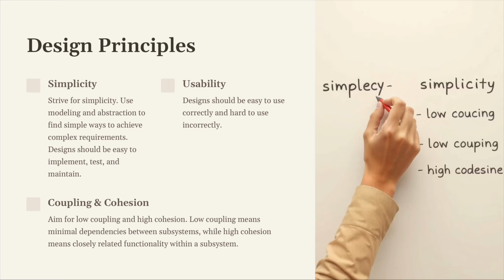Aim for low coupling and high cohesion. Low coupling means subsystems depend on each other as little as possible. High cohesion means the parts of a subsystem are closely related. Together this makes systems easier to understand and modify.